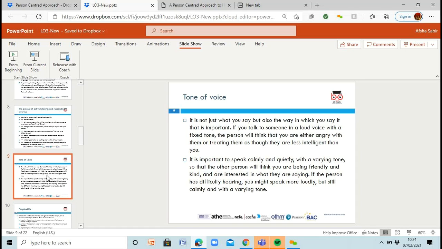It is really important to speak calmly and quietly and use a varying tone. So don't just keep it fixed where it's monotone, where it just seems like you're bored. Be friendly with them, be kind, be interested in what they're saying. If a person has a difficulty speaking, speak a bit more loudly, but that doesn't mean you have to speak aggressively. You can speak loudly but calmly at the same time. So you need to keep a control on the tone of your voice.